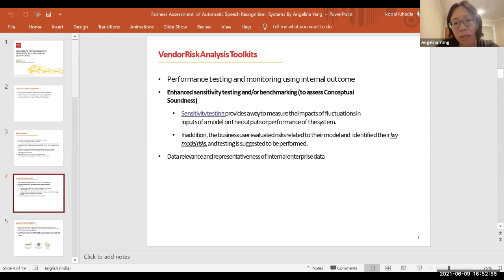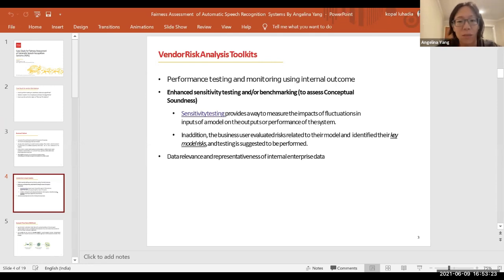We have our ongoing monitoring in place that can help us understand the outcome generated over time using this model internally. So that can serve as one approach. The other one, which we're going to talk about today, is some type of sensitivity testing, benchmarking to poke at the vendor model and to try to assess the conceptual soundness.